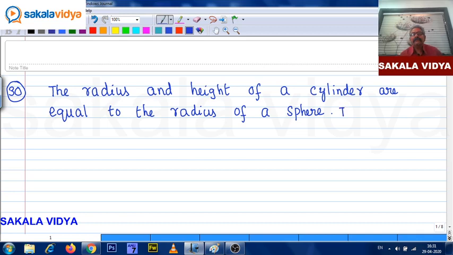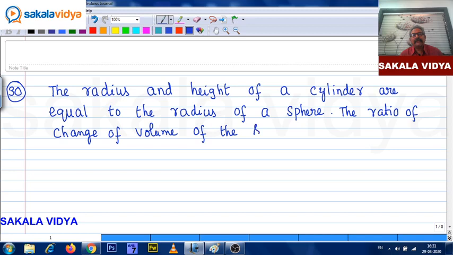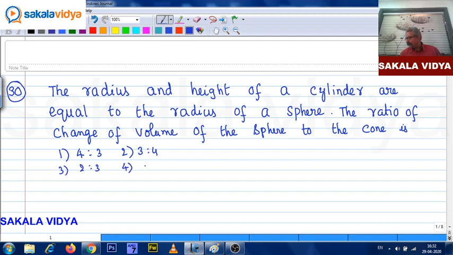The ratio of change of volume of the sphere to the cone is: first option is 4:3, second option is 3:4, third option 2:3, fourth option is 3:2.